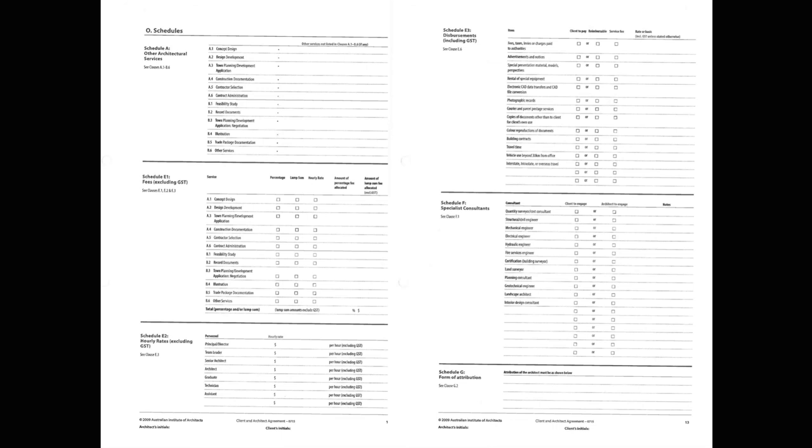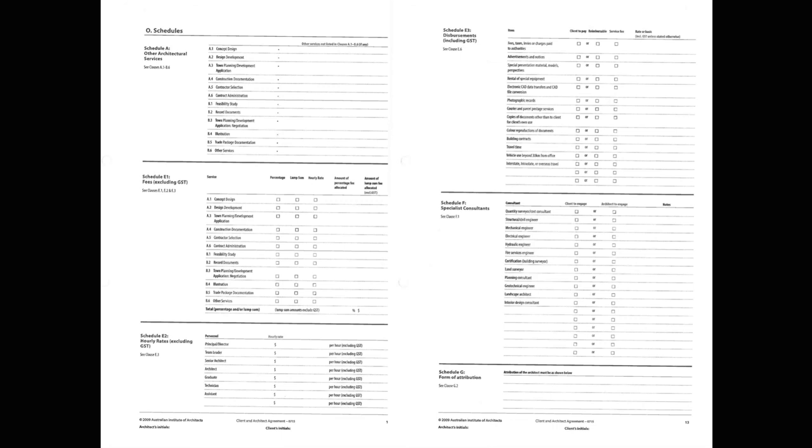The lump sum fee system puts the architect at a bit of a disadvantage if the complexity or the scope of the project goes up, because the architect will then need to renegotiate the fee. The hourly rate is probably one that disadvantages the client, because there is no end to how much the client will be paying. It all depends on how much the architect wants to actually spend on it.